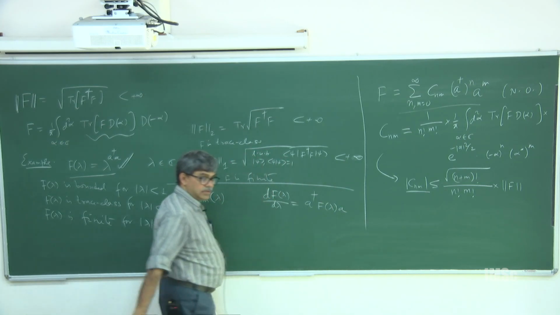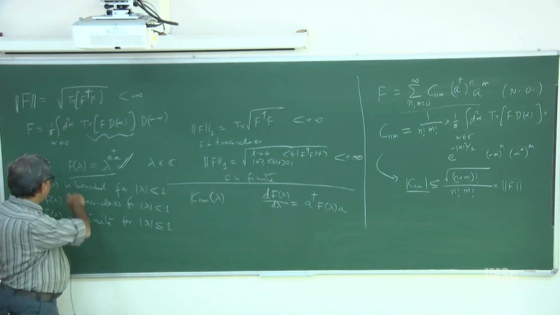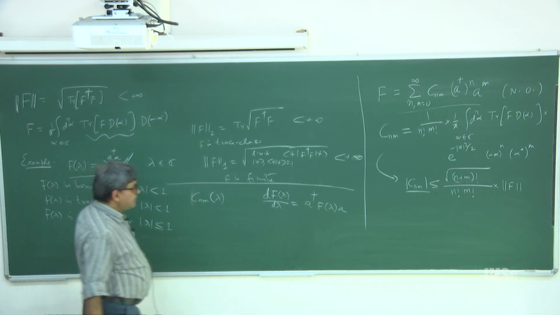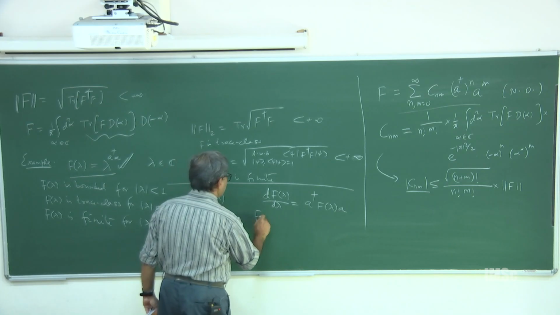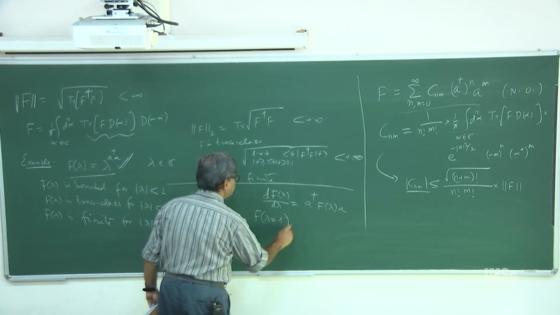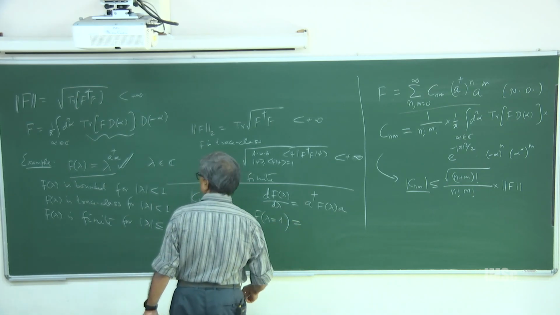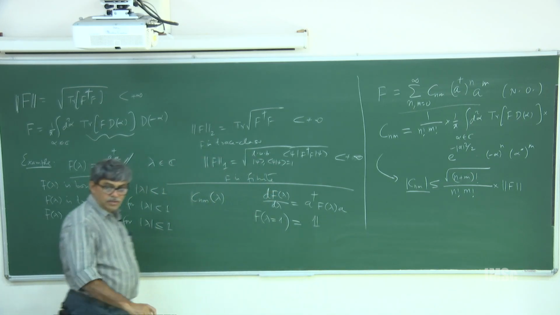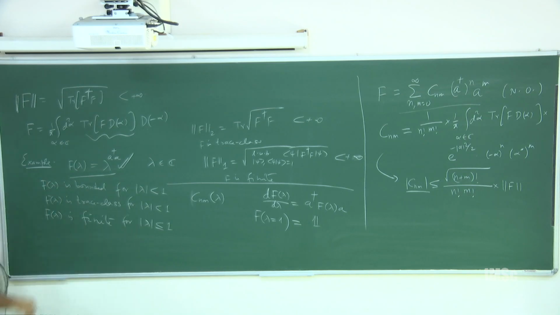You can verify this from here, and of course, if I take lambda equal to 1, then it will be the identity operator.